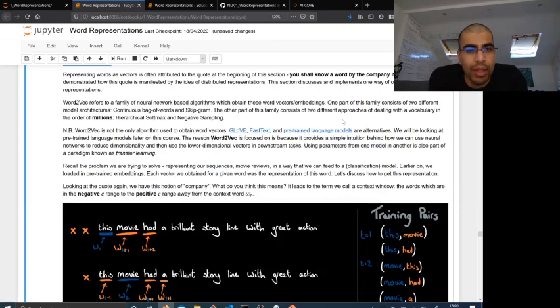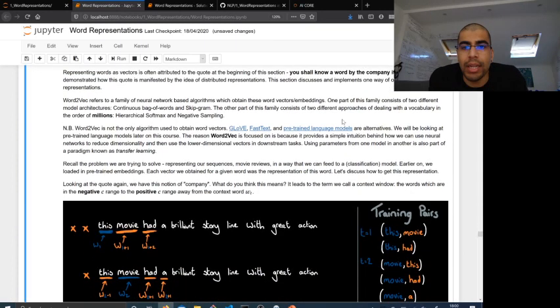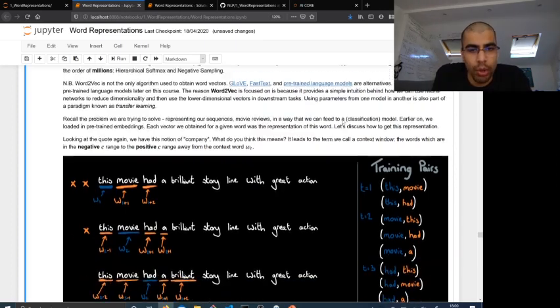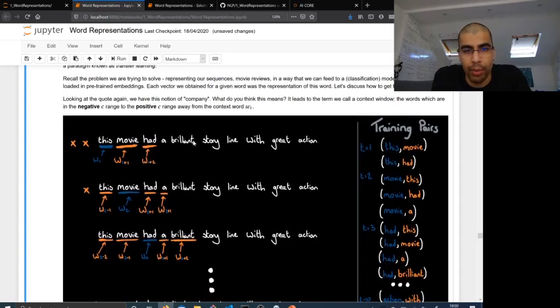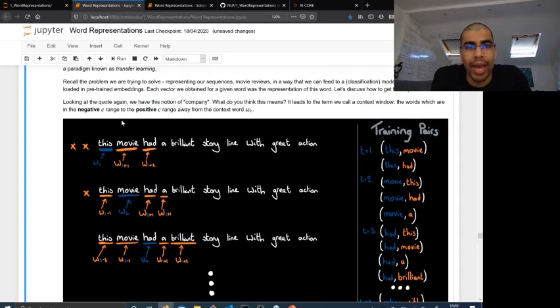In the Word2Vec algorithm, the company leads to the term that we call a context window. This is the words in the negative C range to the positive C range of the target context word WT. For the first sequence in our review list, this movie had a brilliant storyline with great action, we have the context word W1.